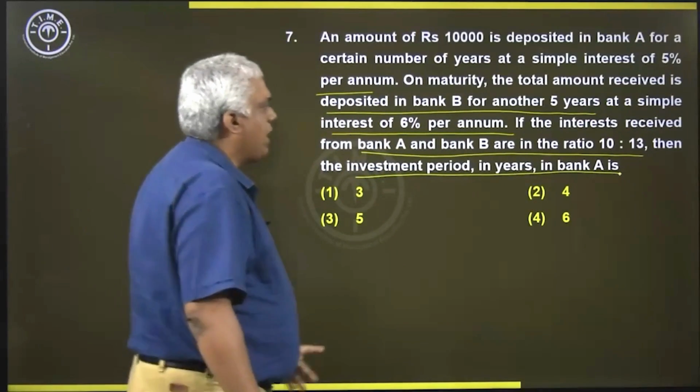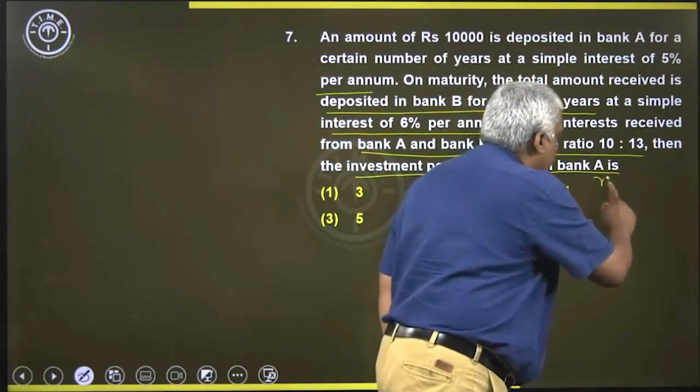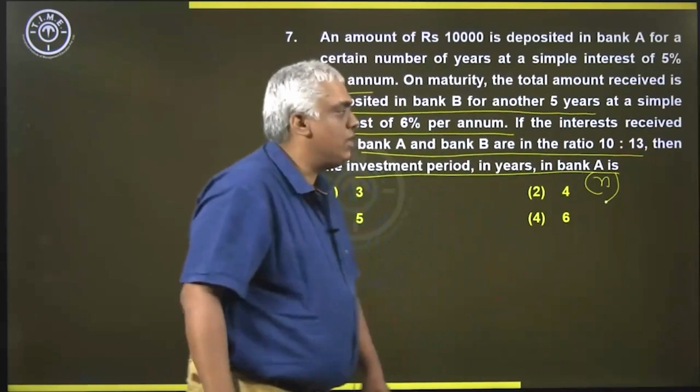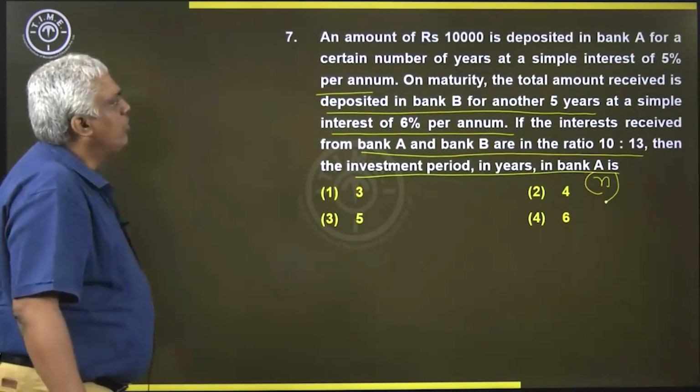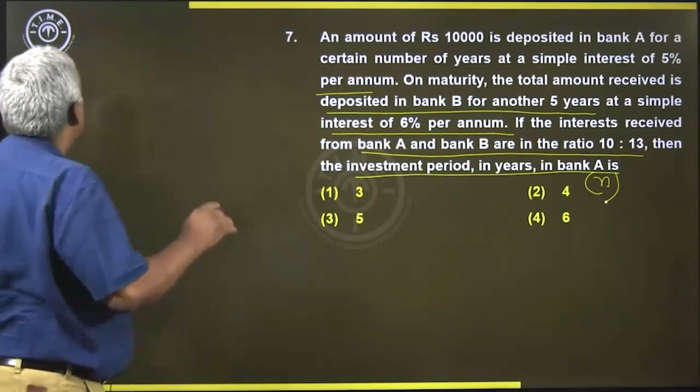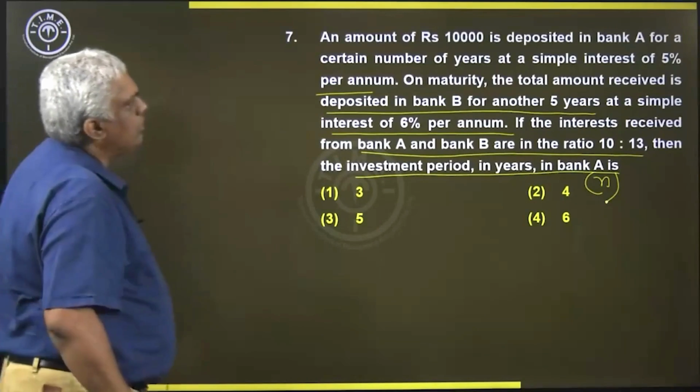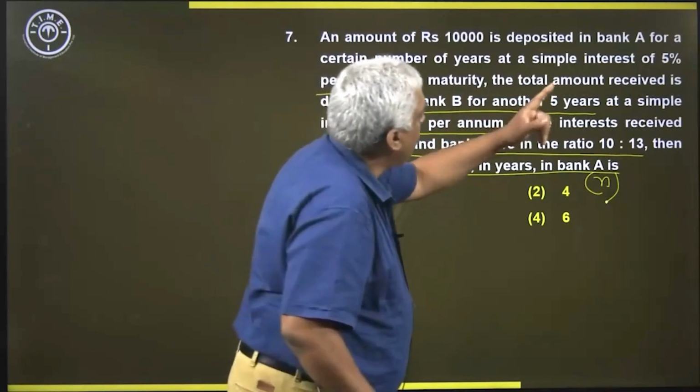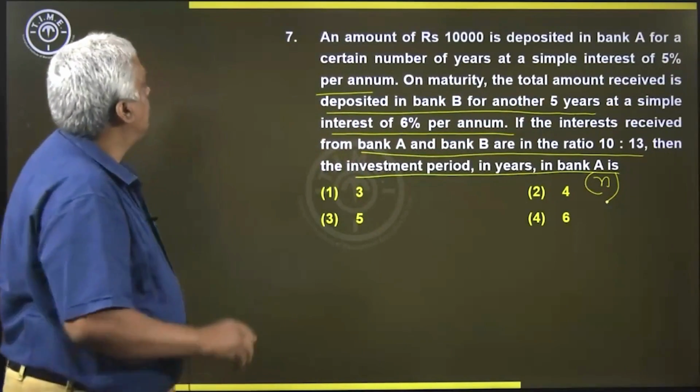So let's say in bank A money was invested for n number of years. So how much interest did we get in bank A? The interest in bank A will be 10,000, it was 5%, correct.